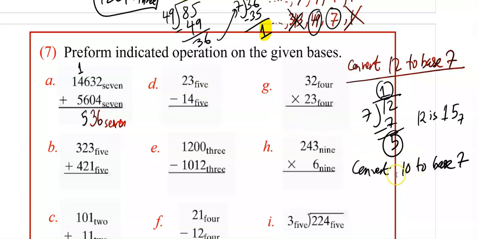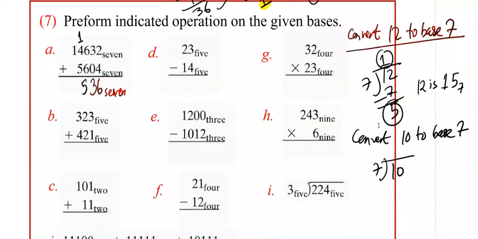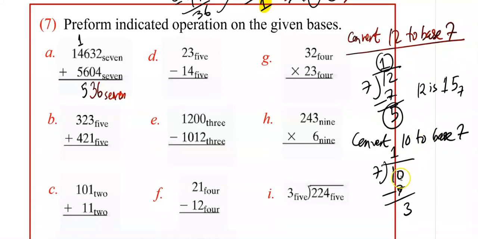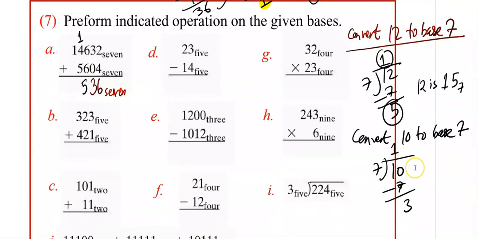You divide this 10 by 7, like you did here when you divided 12 by 7. Divide 10 by 7. 7 times 1 is 7. Remainder is 3. Therefore 10 is 1, 3 in base 7, right?